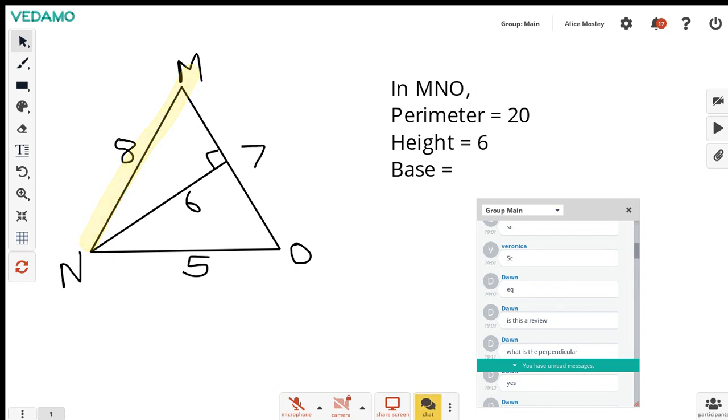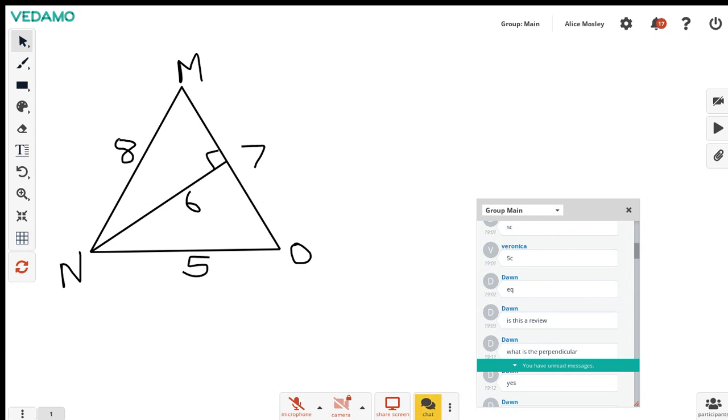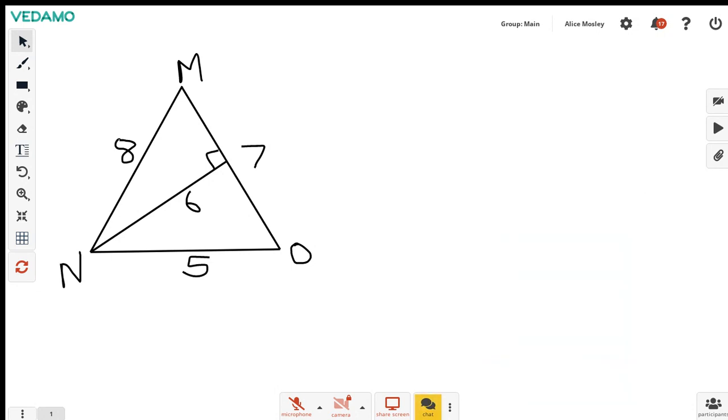So how do we define the base? We call the base something which makes 90 degrees with the height. You have to first find the 90 degrees and then find the base.